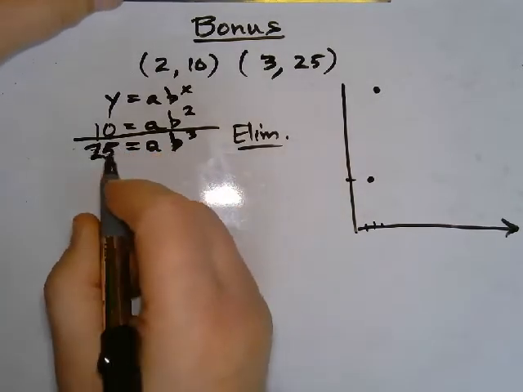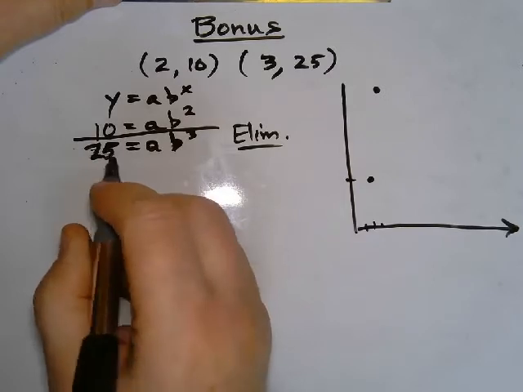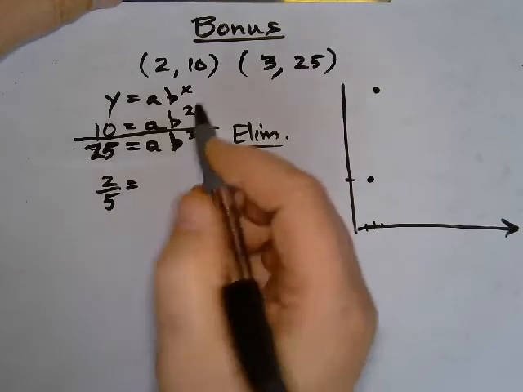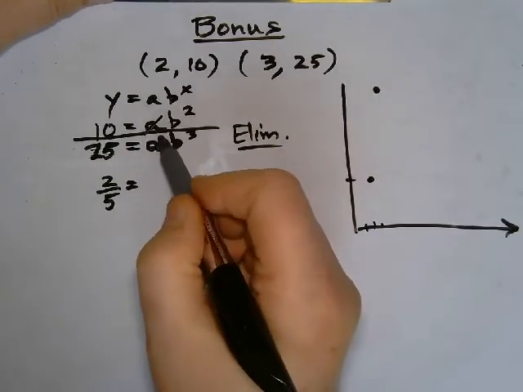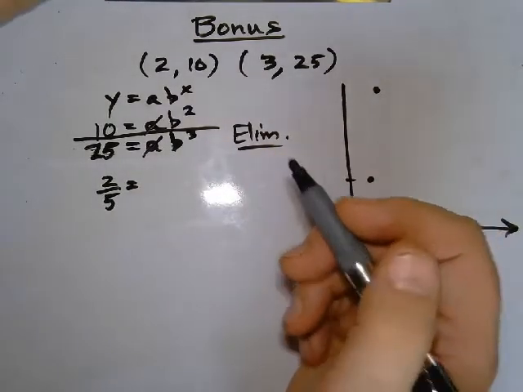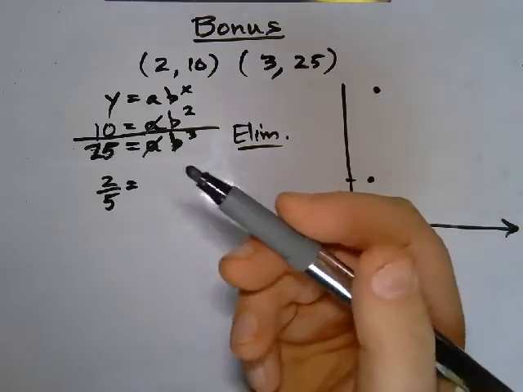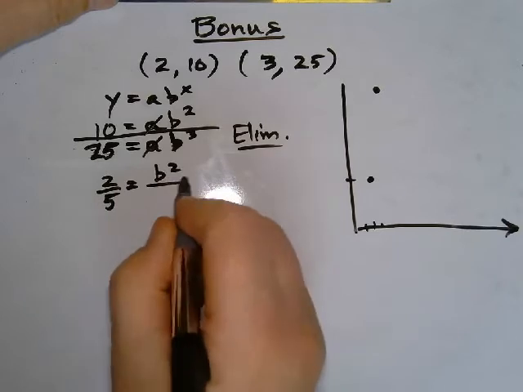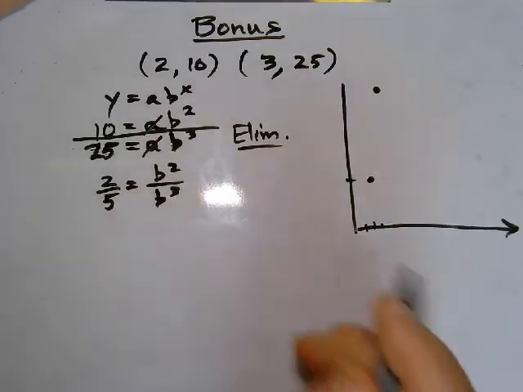So here I have the fraction. Let's see, I can reduce that fraction to 2/5. And notice we're going to cancel A over A. Well, A over A, that's what we wanted to do, is to get a variable to eliminate. And this is B squared over B cubed.